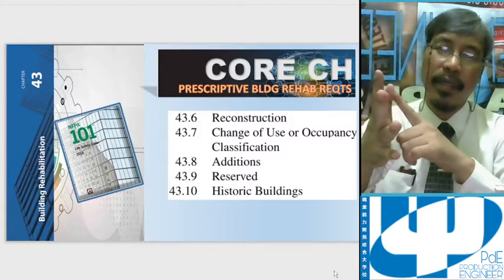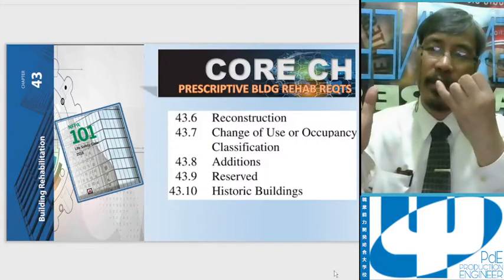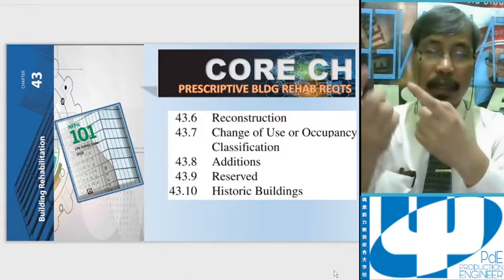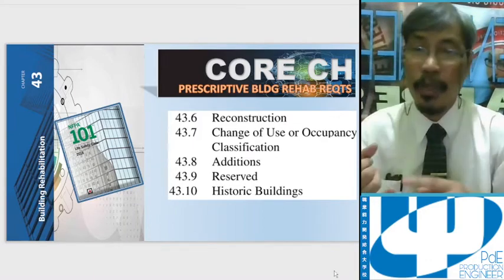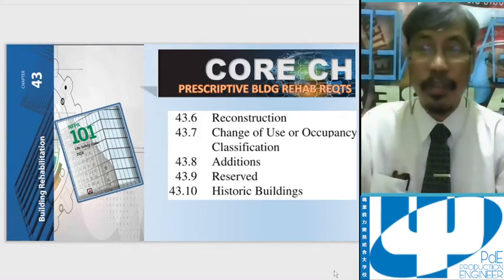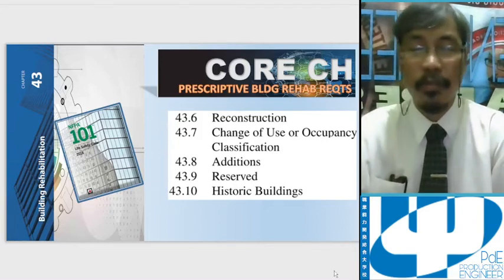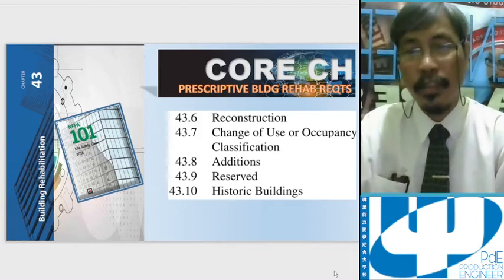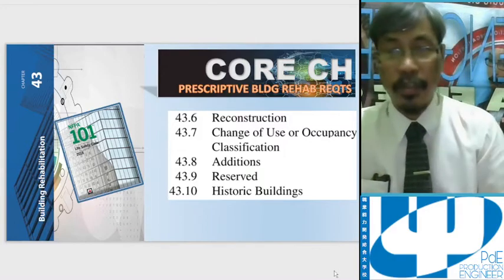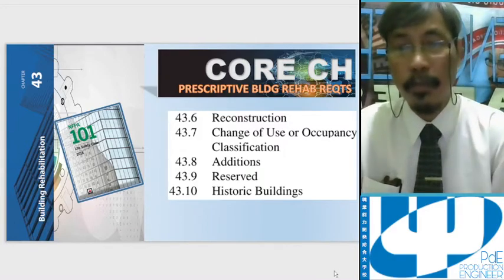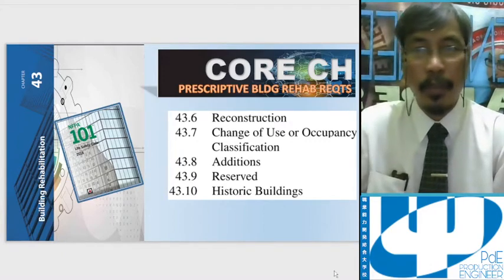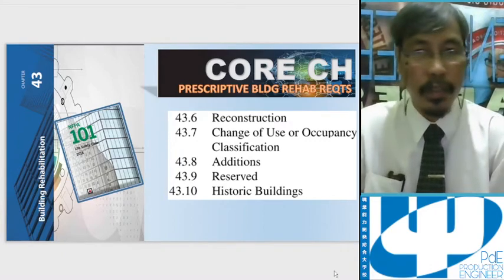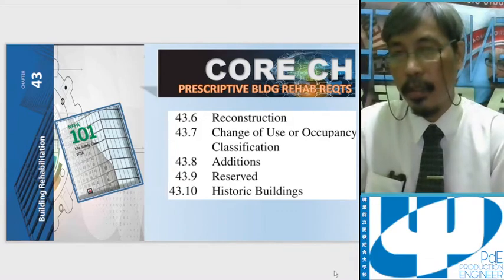Okay? And what? Historic buildings. And again, change of use or change of occupancy. If you change the type of occupancy, meaning it necessitates change of fire protection system. For example, buildings for adults and buildings for kids, buildings for nursery.